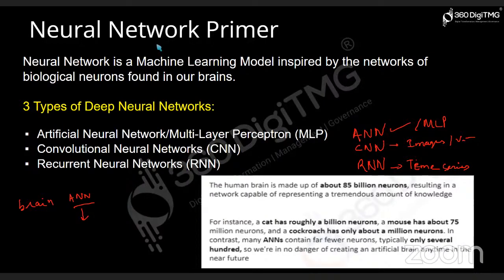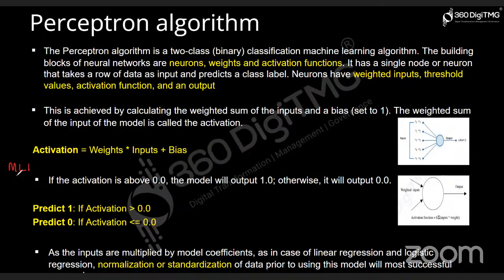Now, what is a perceptron? We talked about the multi-layer perceptron, MLP. A perceptron is a two-class or binary classification machine learning algorithm. The building blocks of a neural network in our brain are neurons, and they measure weights and activation functions.